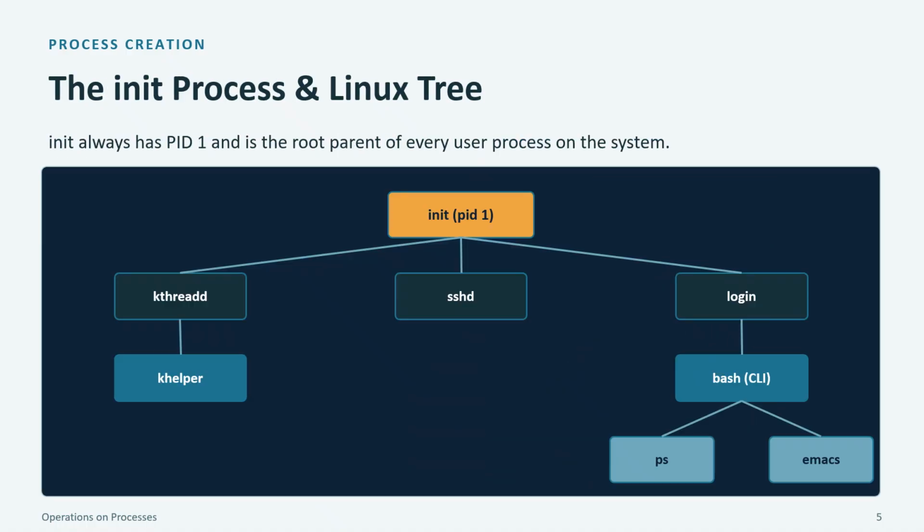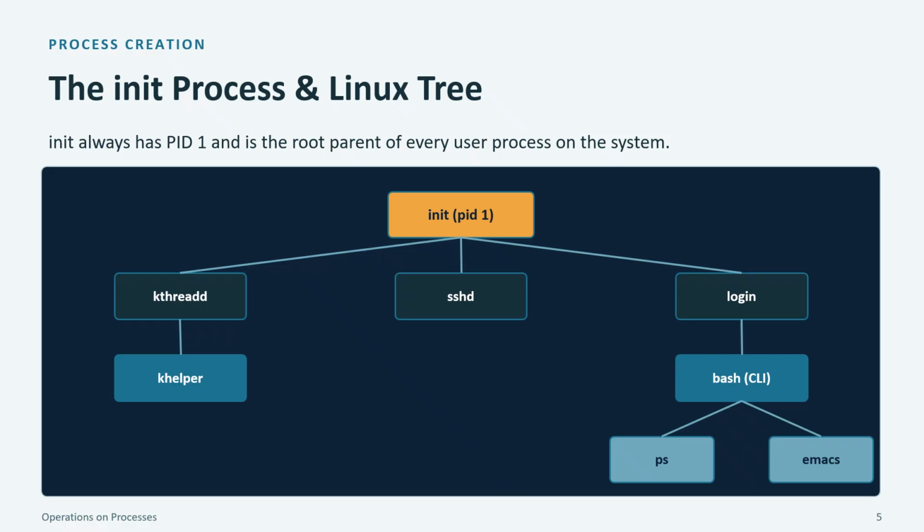Now let us look at the Linux process tree. At the root of the traditional Linux user process hierarchy, we have the init process with the PID number 1. So we can think of init as a root parent of a user process tree. After the system boots, different processes are created. For example, services such as SSH, login services, and other system services may be started.